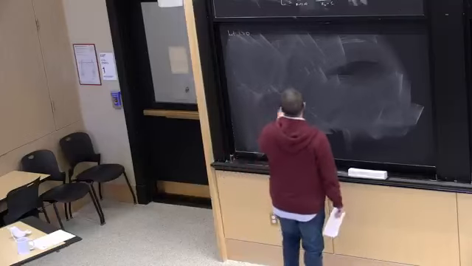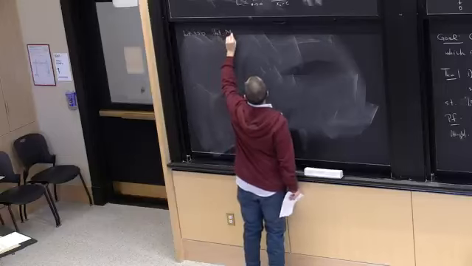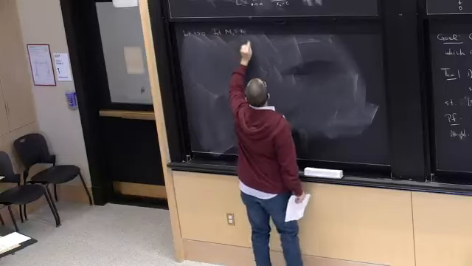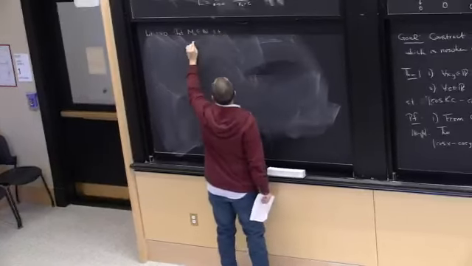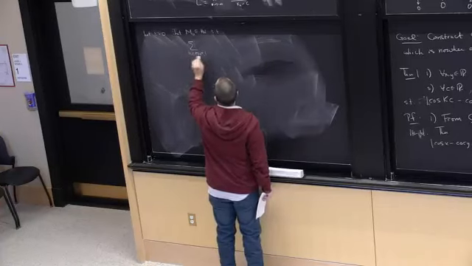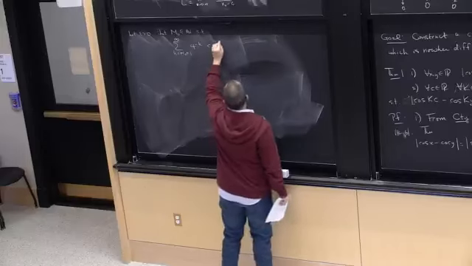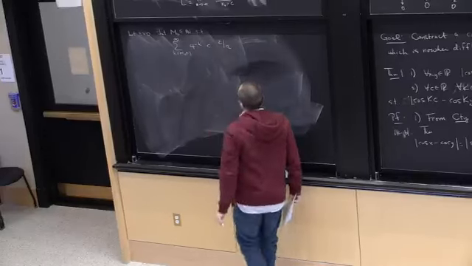So first off, let m naught be a natural number such that the sum from k equals m naught plus 1 to infinity of 4 to the minus k is less than epsilon over 2.